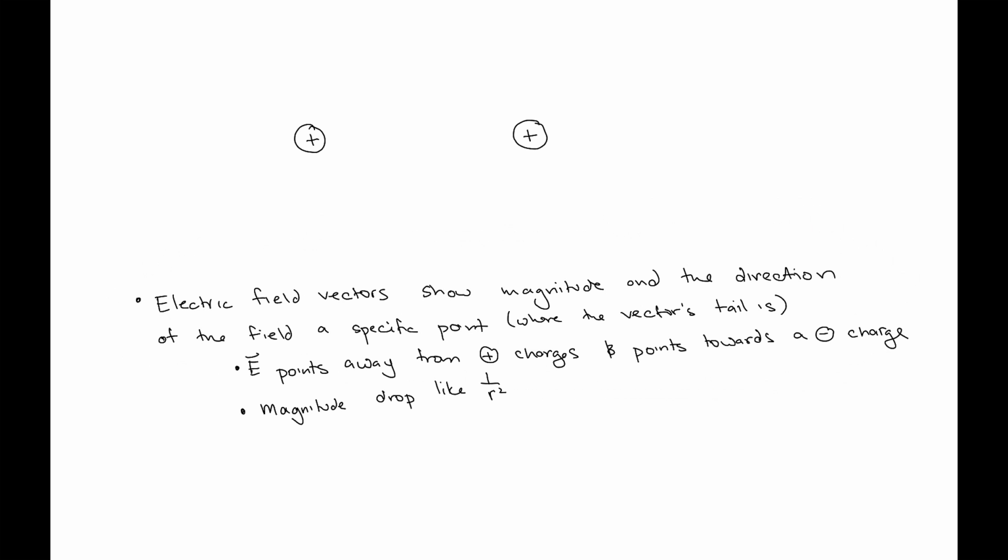Okay, so I'm going to draw some points where I will depict the strength of the field around this charge. Right here and here and here. Let me scooch this guy over just a little bit. And we'll do the same thing over here.